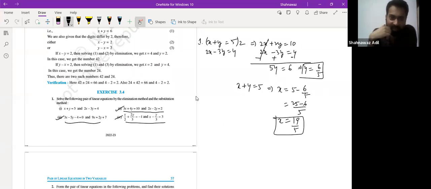Adil, which method do you find comfortable? Elimination or substitution? Second, yes. So we are in the same league, right? Okay, so did you guys note it down?